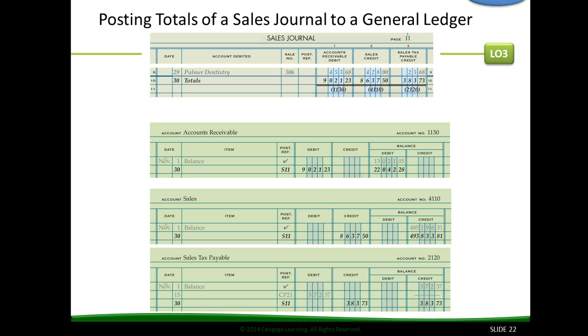The final phase is posting totals of the sales journal to the general ledger. That's the whole point of this, to make everything easier. So you look at the totals from the sales journal that we just went over before. You have your accounts receivable debit for your $9,021.23. As you notice, the account number is written underneath there. If you look at the accounts receivable in the general ledger, that account number is 1130.